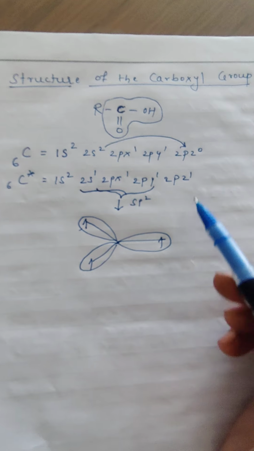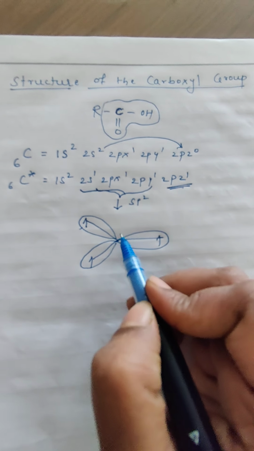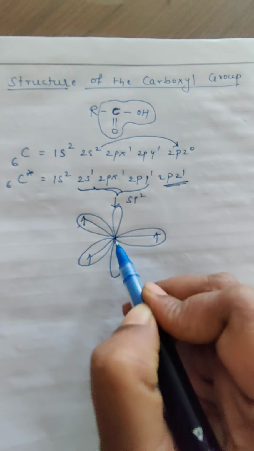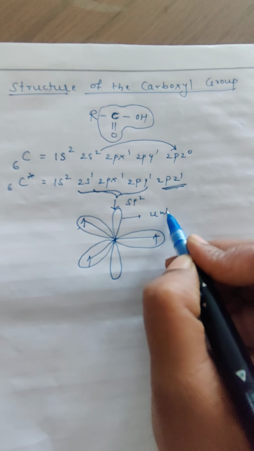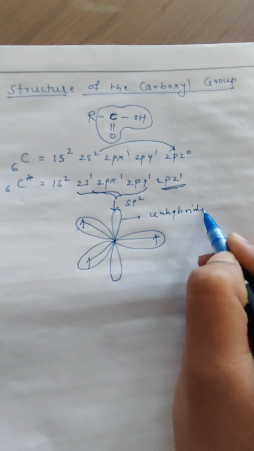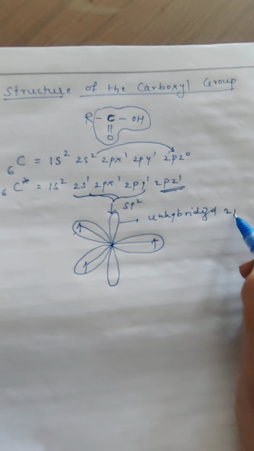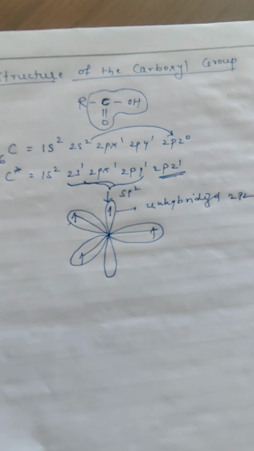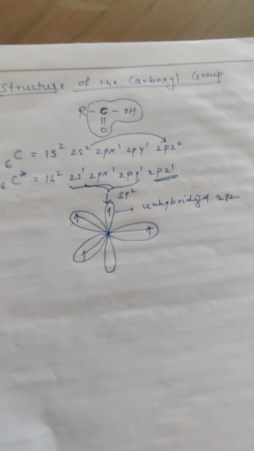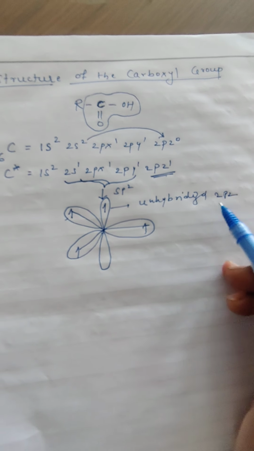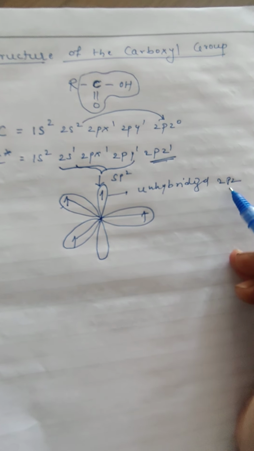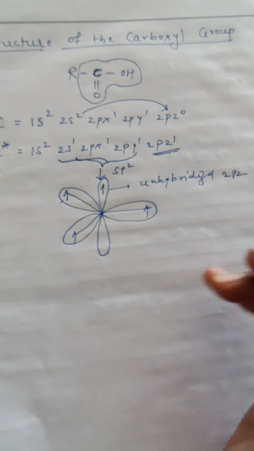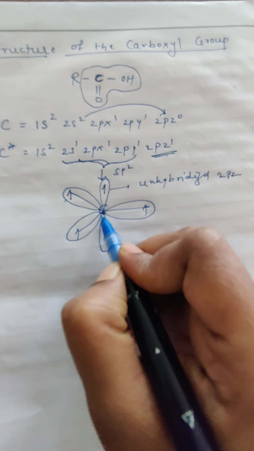And one 2pz orbital is also there, but it is unhybridized, containing one electron. Now this unhybridized 2pz always forms a double bond. So this is the carbon.